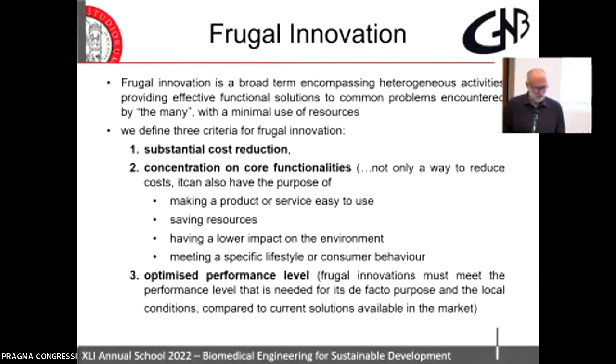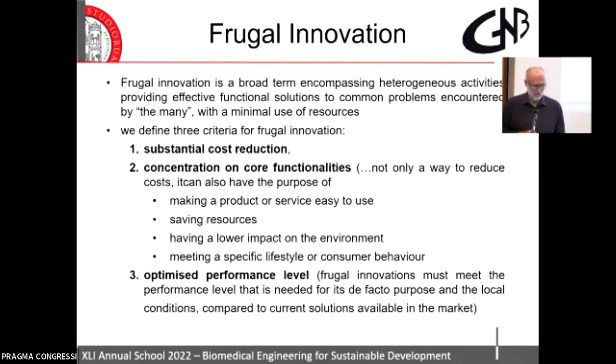To point out some more precise criteria, the three central criteria for frugal innovation are substantial cost reduction, concentration on core functionalities, optimized performance level. So to do more, with optimized performance level, with less. I think I have to run a bit.